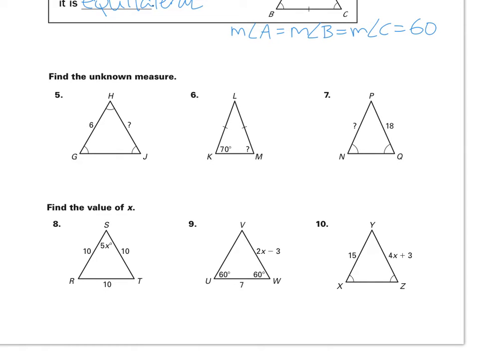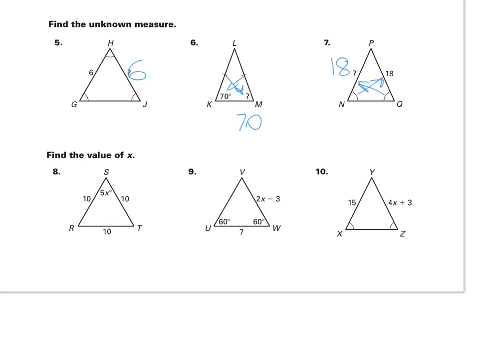It's equiangular, so it's equilateral, so this is easy enough, 6. This is isosceles. Angles opposite are congruent. Isosceles, sides opposite, congruent.